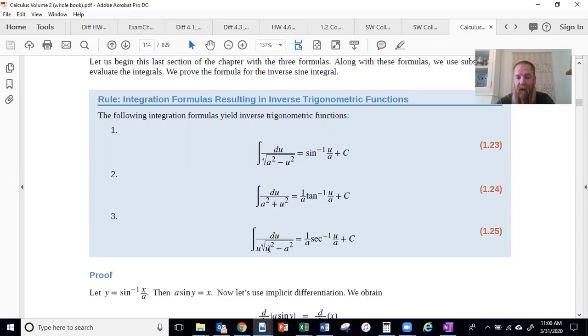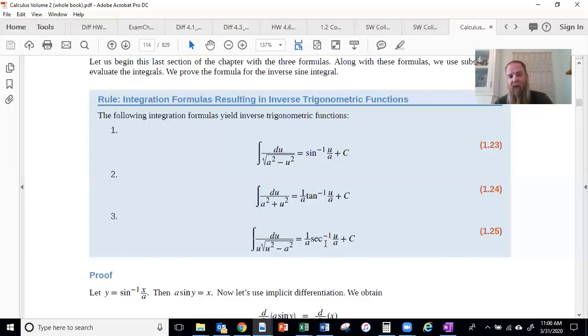When we see a denominator that has the square root of a function squared minus a constant and an extra factor of x over here, that resembles the derivative of secant inverse. So when we see these forms, we're going to try to fit them to a certain form so that we can recognize that looks like sine inverse, that looks like tangent inverse, that looks like secant inverse.